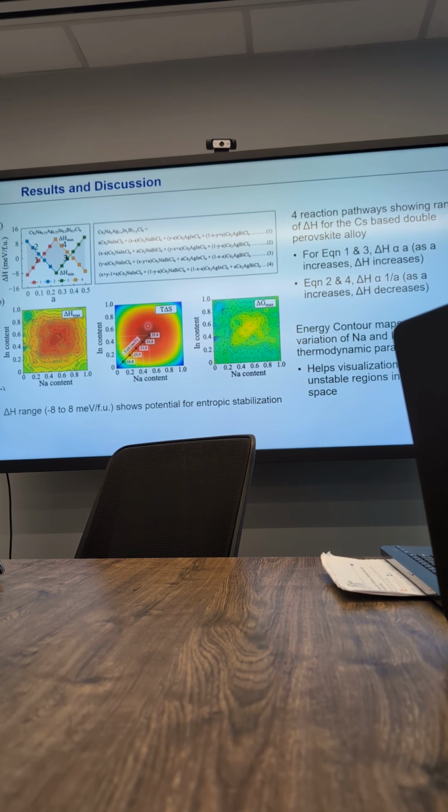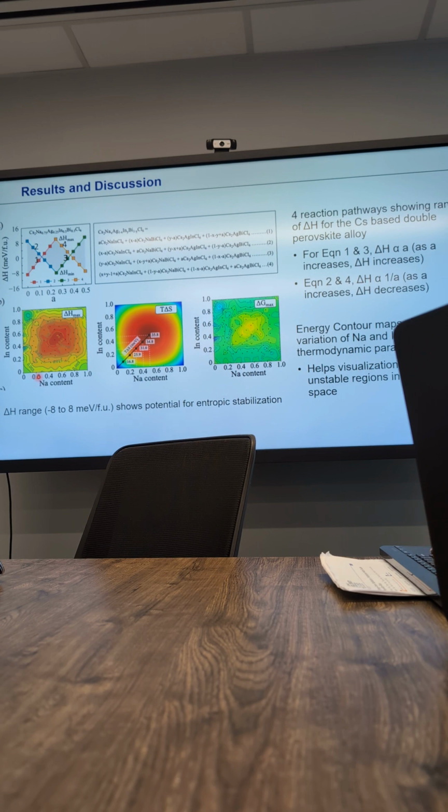Right. Now they form these energy contour maps, and they try to study specifically. So in this system, the subscript of sodium is your X, so how many sodium you have, and then your indium is your Y. So they wanted to study the effect of varying concentrations of sodium and indium on each of these thermodynamic parameters, right? And so you'd see here, for example, I think the increments they did were 0.25, 0.5, 0.75.